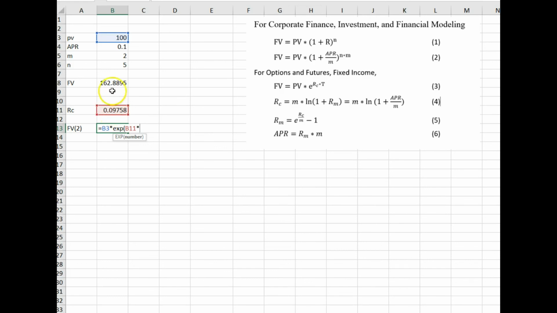The unit for t is a year. Then we get the exact same result. I think the key here is to calculate the continuous compounding rate, so we apply equation number 4.